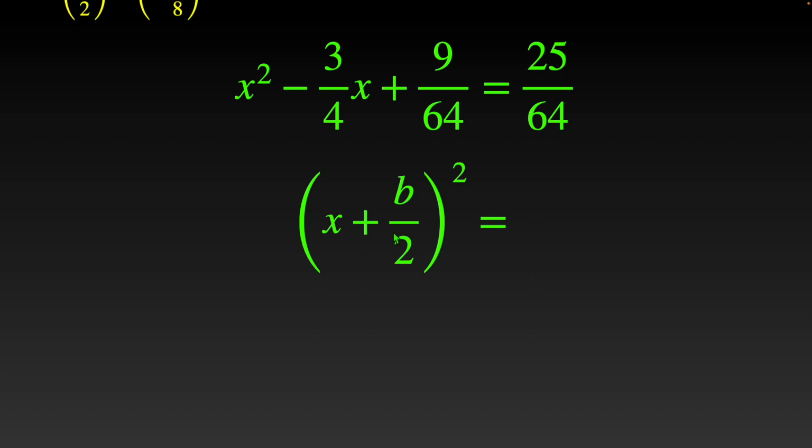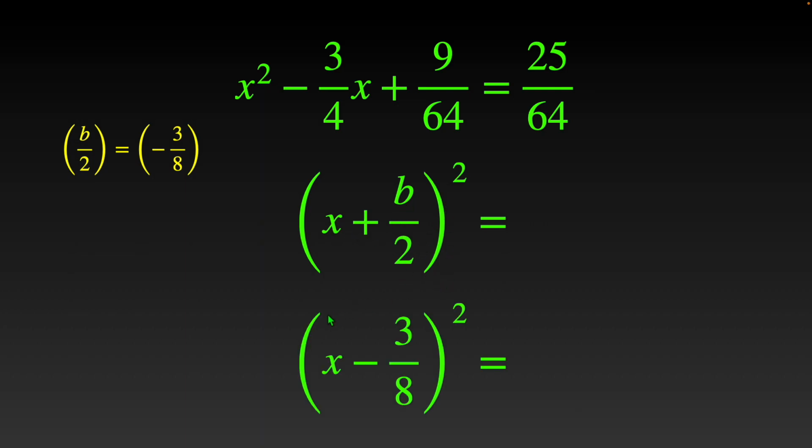Remember previously we wrote down that b over 2 is negative 3 over 8. We're going to use it here because we're going to factor it the following way. x plus b over 2 squared, which means x minus 3 over 8, and then we're going to square it. On the right-hand side, we have 25 over 64.